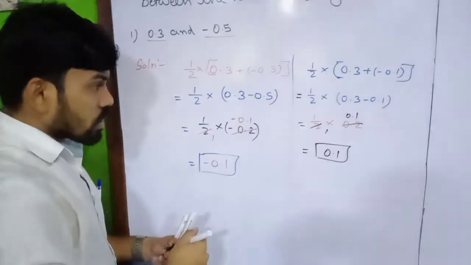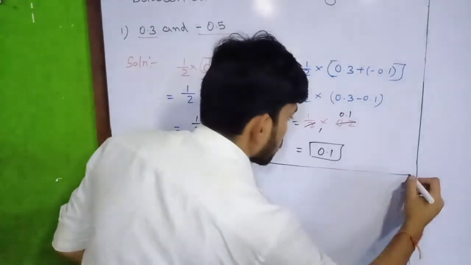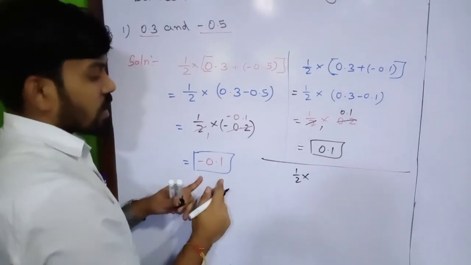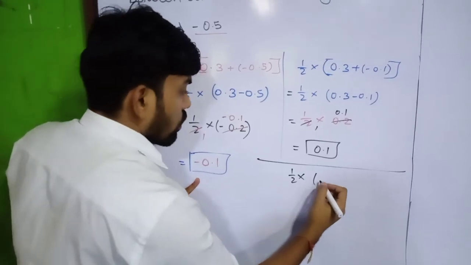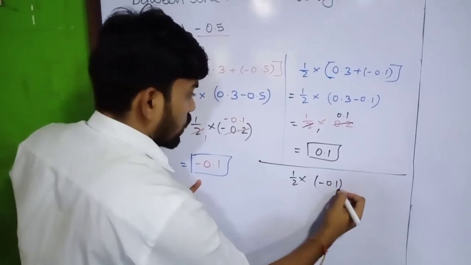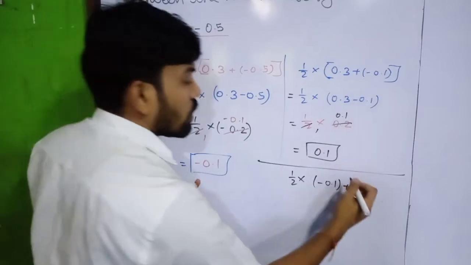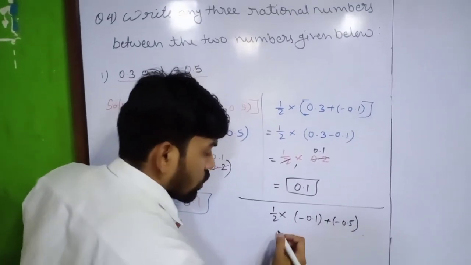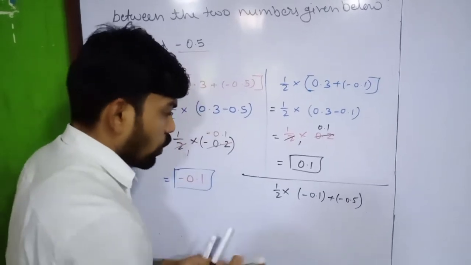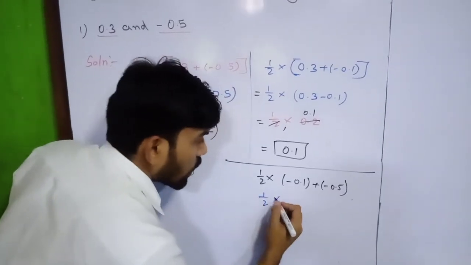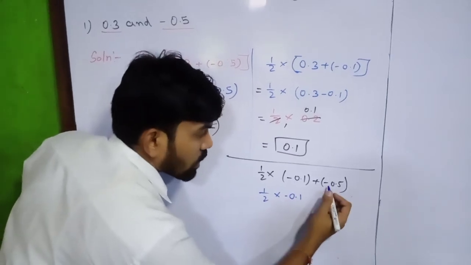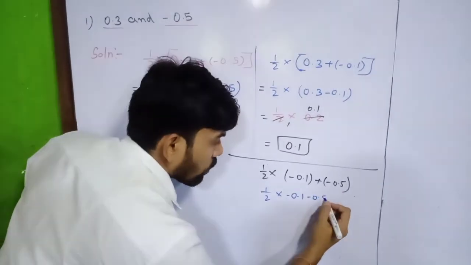Now the second time we have to take 1/2 into the first answer. What we got, minus 0.1, plus the second number, minus 0.5. So 1/2 multiplied with 0.1 minus and plus into minus become minus 0.5.